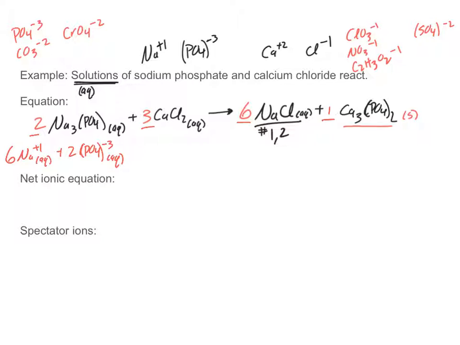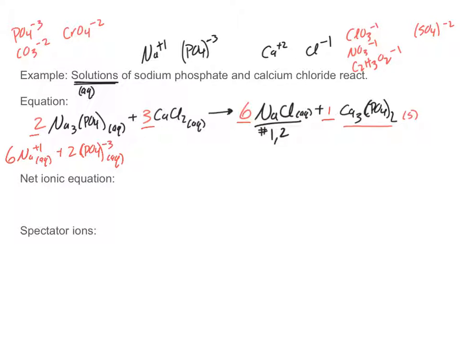Do you see how I got 6 sodium ions here? I took the coefficient of 2 and I applied it to the subscript of 3, and that told me I had 6 sodium ions. Do you see I have 2 phosphate ions here? I took the coefficient of 2 and I applied it to the phosphate, and I have 2 PO4 -3s.